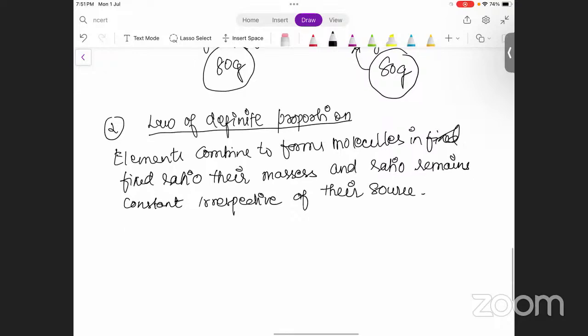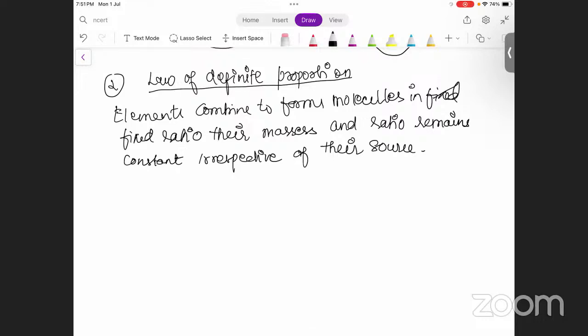Now the thing is, this statement might seem very easy for you right now, right? Because now we know so many things. We know the basic chemistry which you might have learned in your 9th and 10th standard. But at that time, when the experiments were conducted, they knew nothing about all these things. They didn't know what exactly water consists of. But at that time, the law that they came up with is the law of definite proportion.